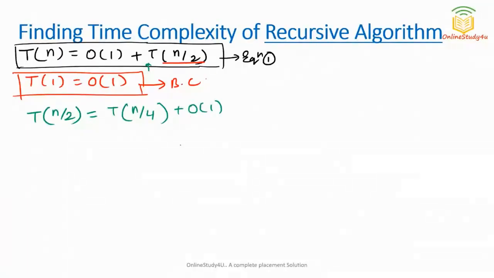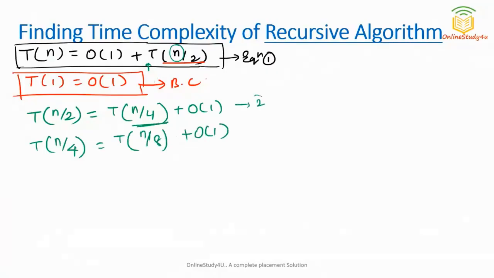Is it clear? I think it's clear. We are substituting n as n by 2. Now in the same way, if you want T of n by 4, it is nothing but this n replaced with n by 4, and it will become T of n by 8 plus big O of 1. Let this be 2, let this be 3.